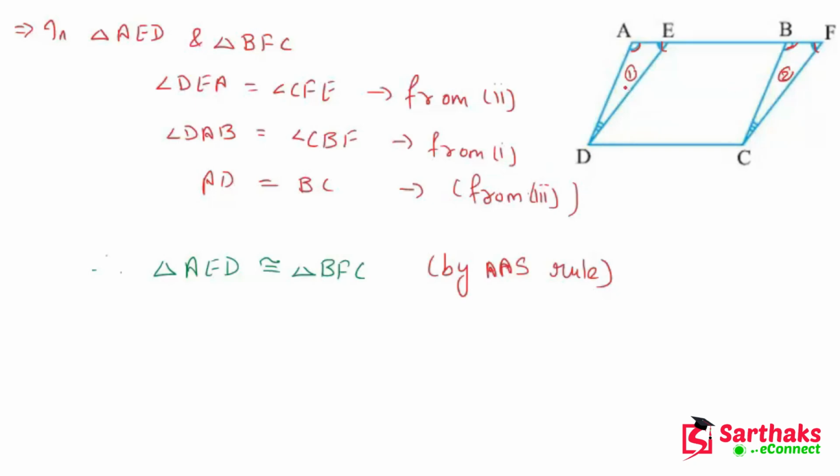It means the areas of these two triangles are also equal. So hence we can write area of triangle AED is equal to area of triangle BFC. Areas of congruent figures are always equal.